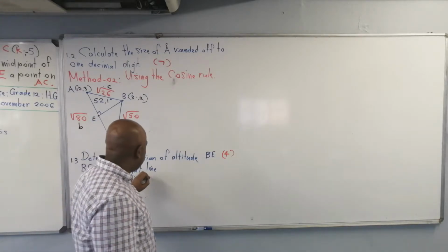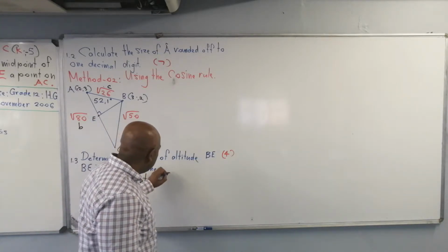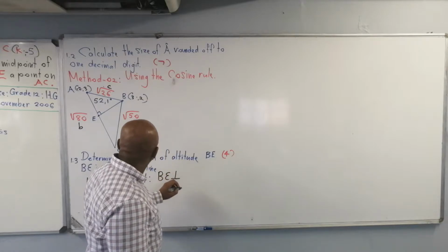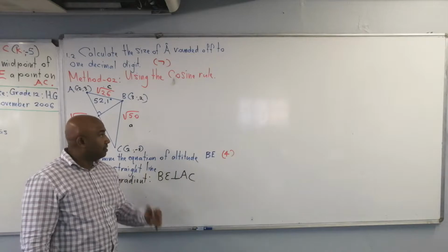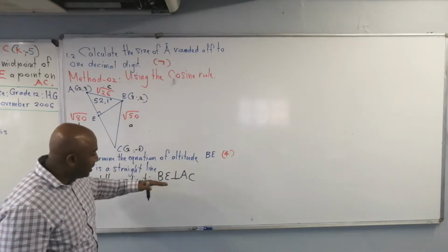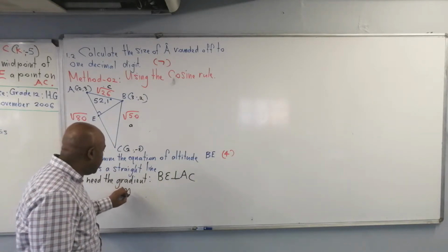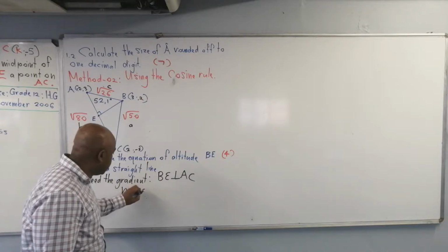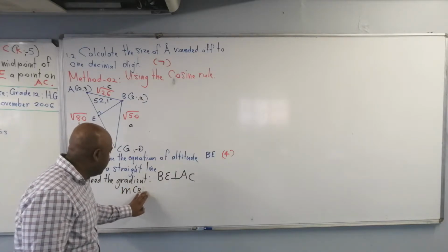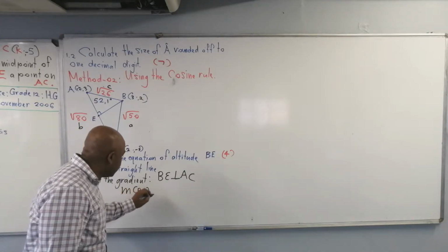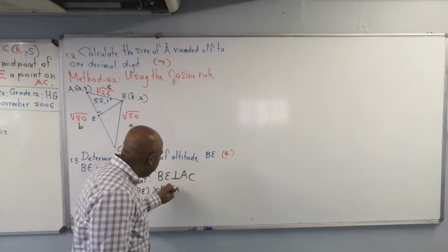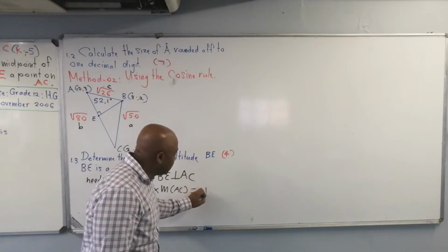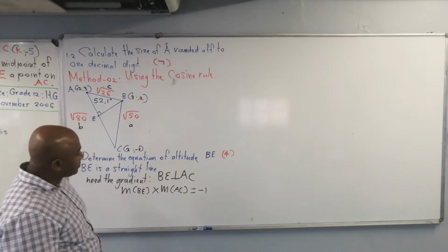Okay, so let's write that down. BE is perpendicular to AC. That was given. So what does that mean? It means the gradient of BE multiplied by the gradient of AC must equal minus 1.